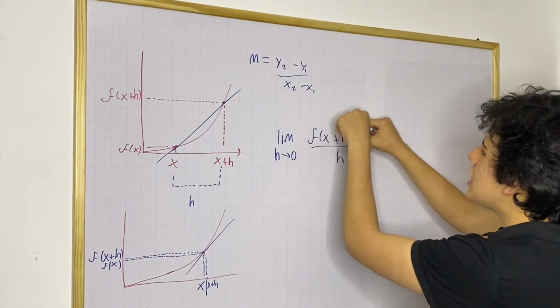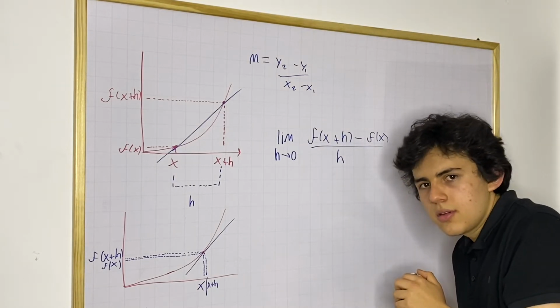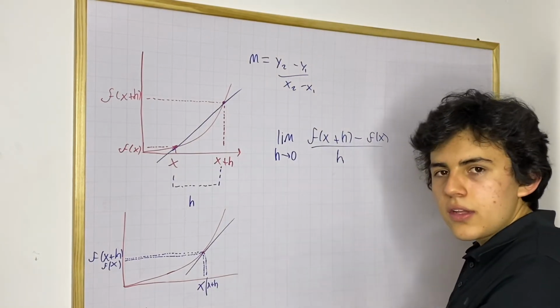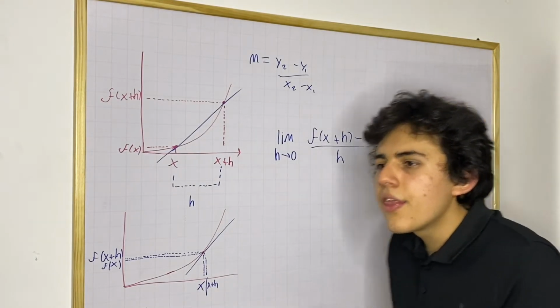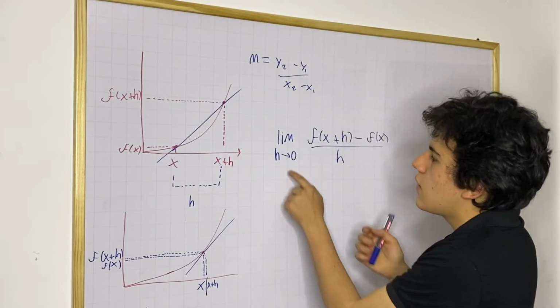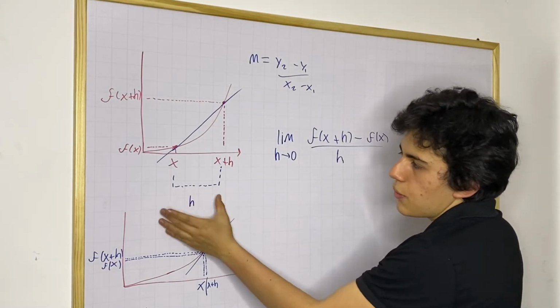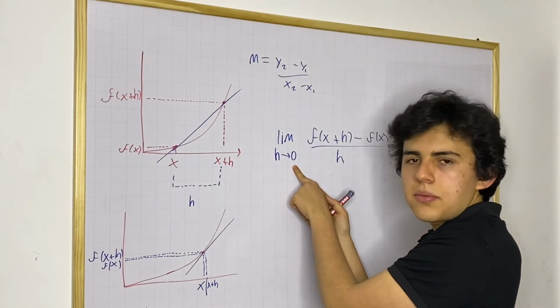You take the change in the top and divide it by the change in the bottom, or the change in the y values over the change in the x values. And you make that change happen in an infinitely small interval, h, but we just want h to be as close to 0 as we can possibly make it.